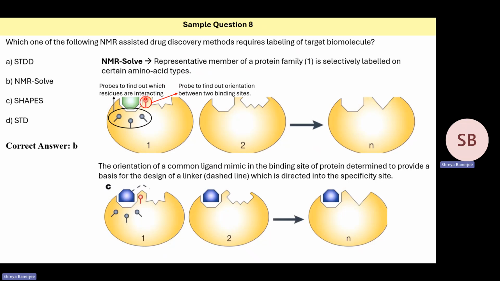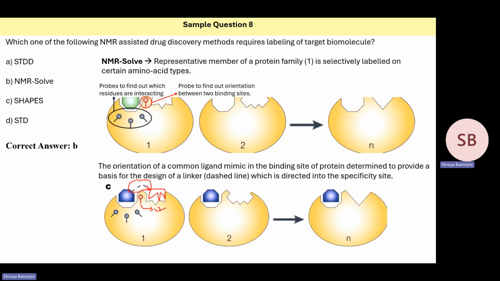The second probe, this red color here, is telling us about the orientation of the residues between the two binding sites so that we can design a linker of appropriate size in order to connect with the second. Suppose we have a second fragment here, which is fitting into the second binding site. So how this linker will be designed, that information will be given by this probe.